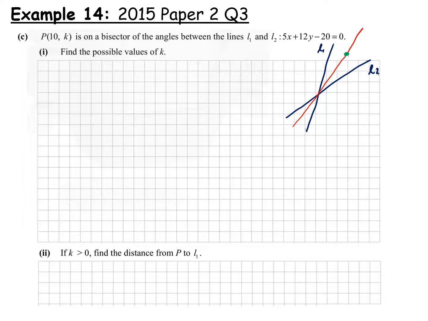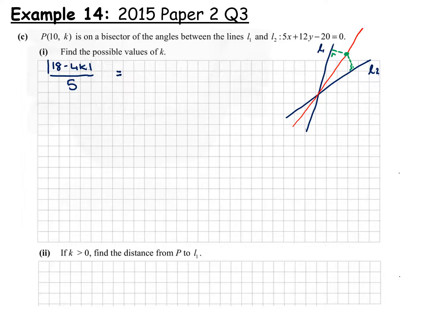What we know is that if I draw a line perpendicular here and here, those perpendicular distances are the same. So the distance between P and L1, which we worked out in the last part, is 18 minus 4k all over 5. That should be equal to the distance between P and L2.